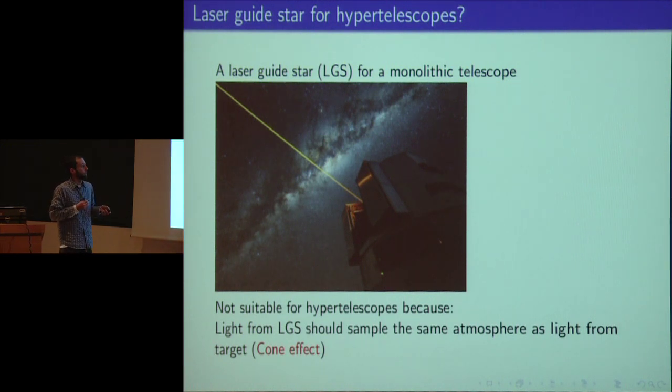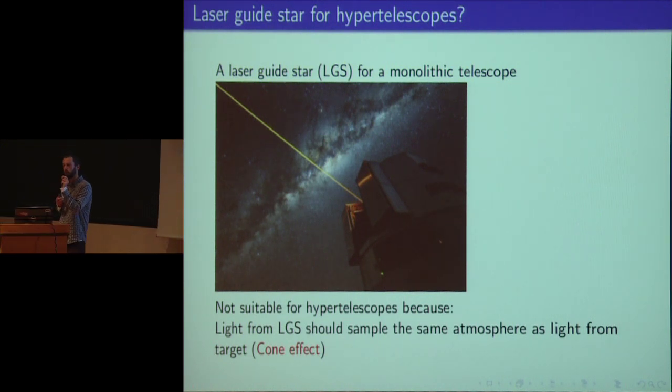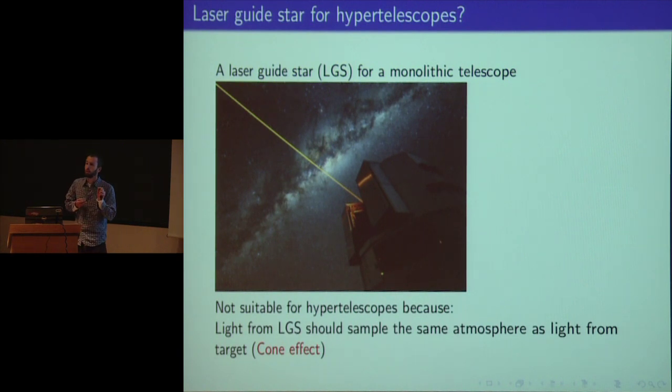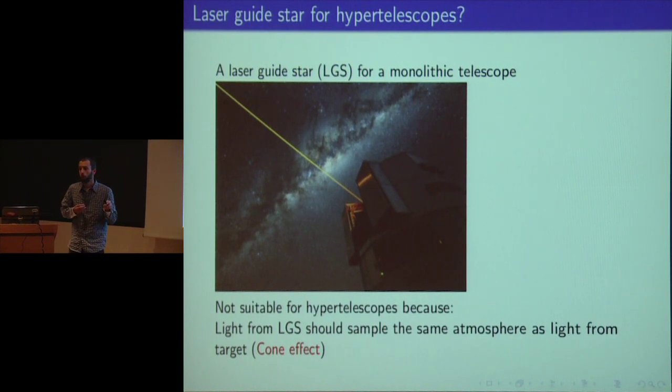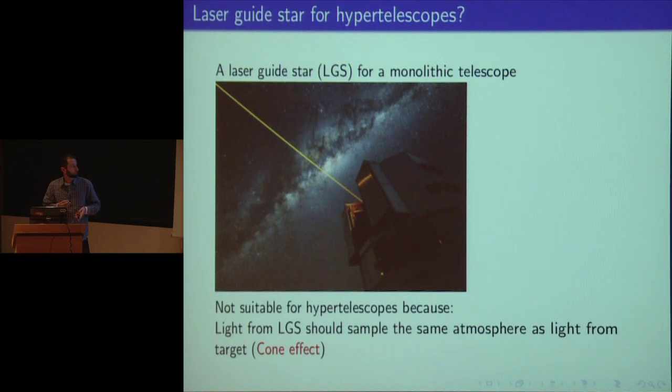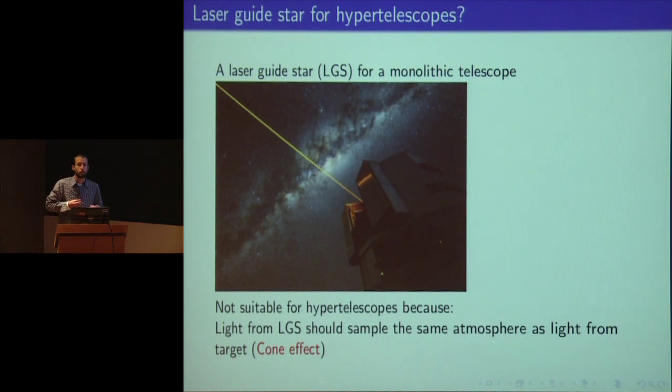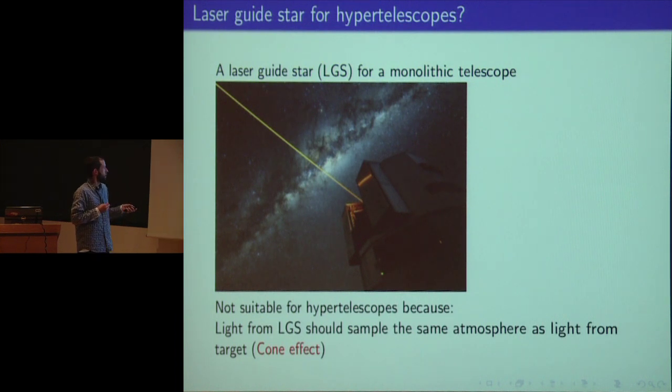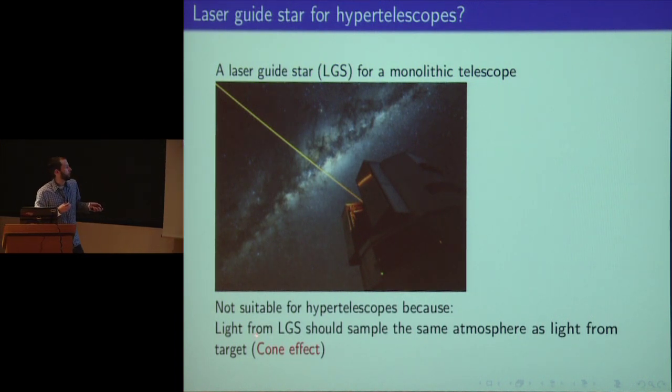If you point the laser close to your science target, you can use the returning light as a reference for correcting the wavefront so that you can better observe your science target. Now, this conventional method for laser guide stars is not usable for hypertelescopes, mainly because hypertelescopes will be much larger than current monolithic apertures. In other words, the light from the laser guide star should sample the same atmosphere as light from the target.